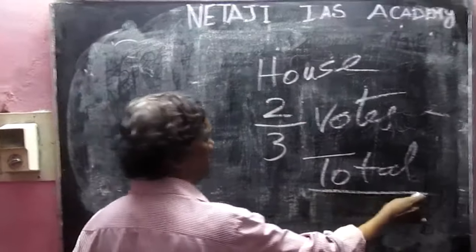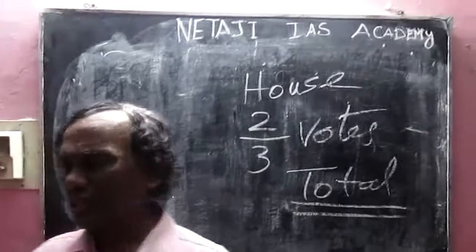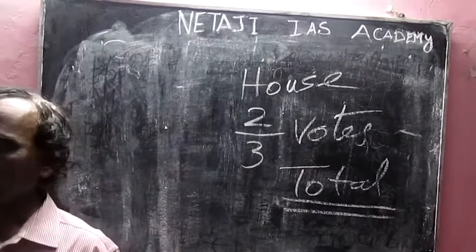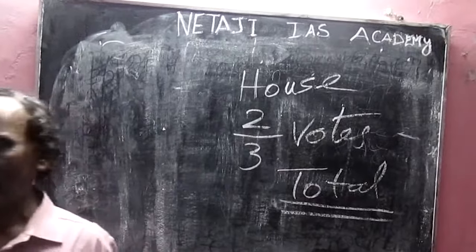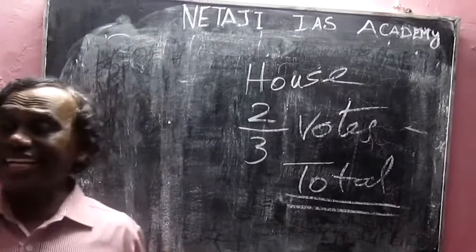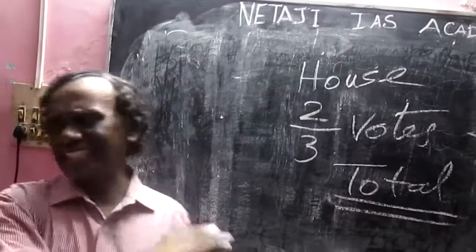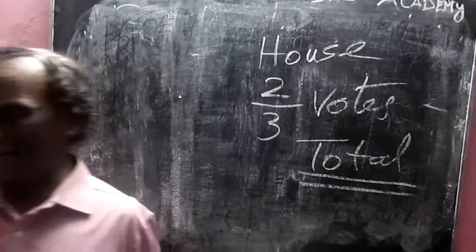Underline total members, underline each house. This is done. Go to next paragraph.